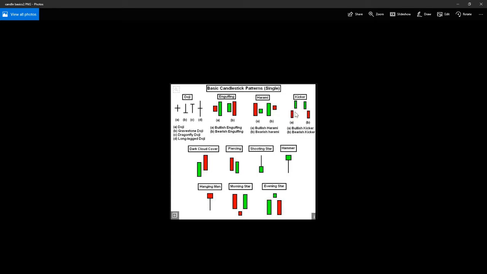It gaps over, completely engulfs this candle. The gap is engulfing. You could also, I guess, call this an engulfing gap candle because it gaps way up, right? You see that?